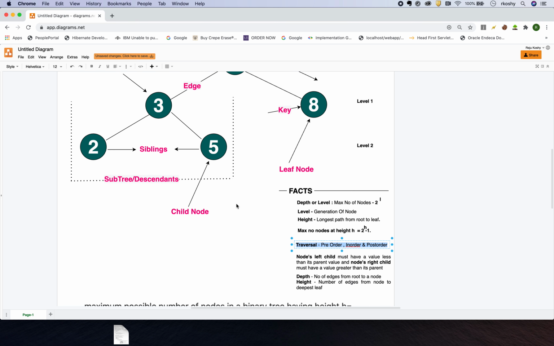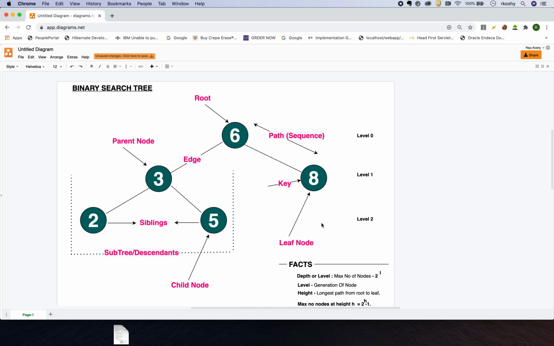Now let us go back to pre-order traversal. Pre-order means the root is visited first, and then left, and then right. But it's not like we are only traversing the first node. Starting from the root, we have to traverse everything under it. We have to scan every node in the tree.